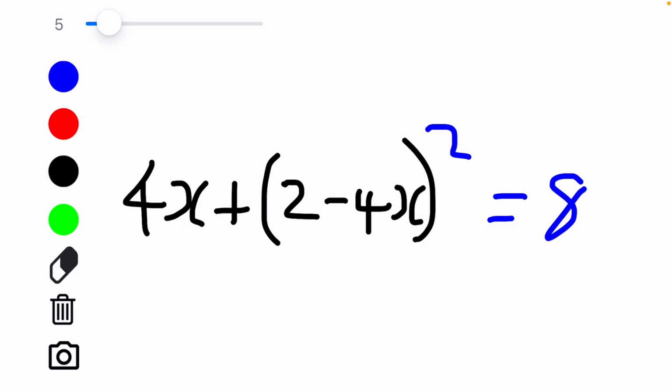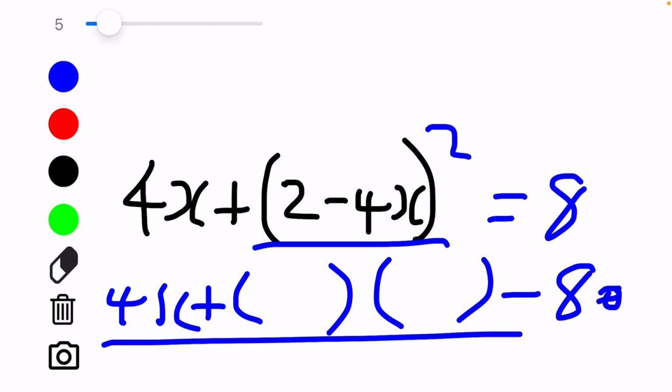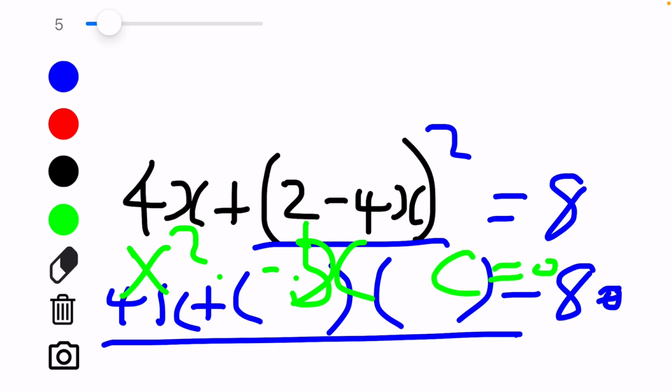Ladies and gentlemen, obviously you've got 2 of this. Obviously it's plus 4x over there. You can just move 8 to the other side and equate this to 0. And you work out everything until you've got a standard form, ladies and gentlemen, of whatever b, x, whatever c value that you get, it's equal to 0.